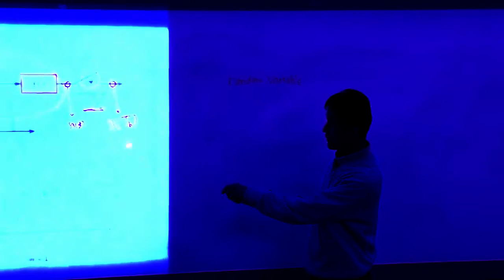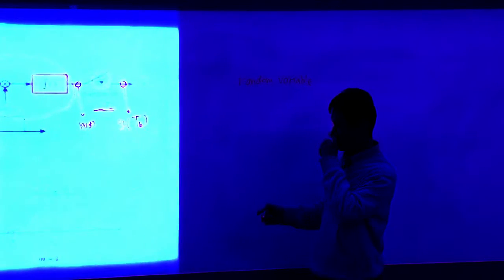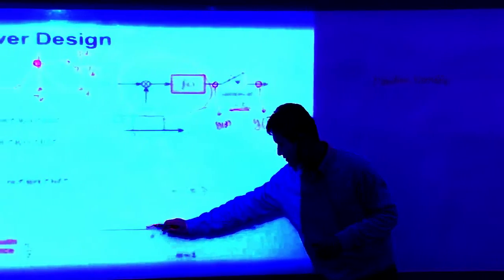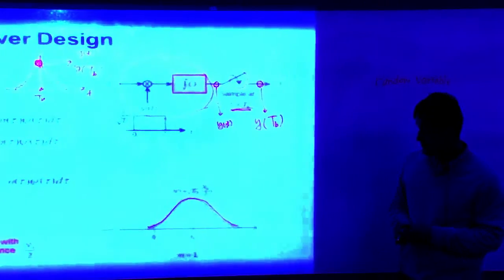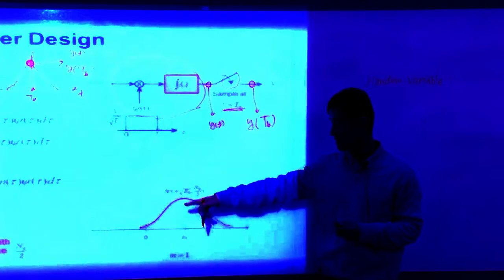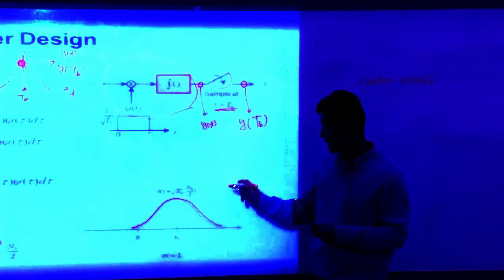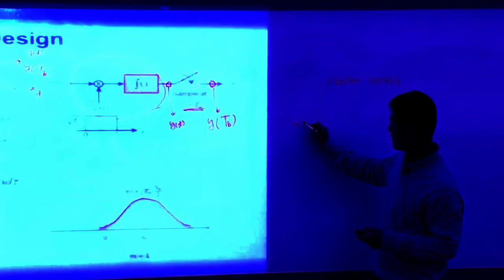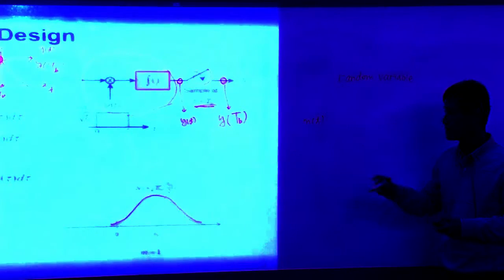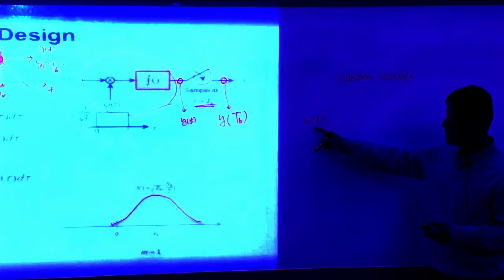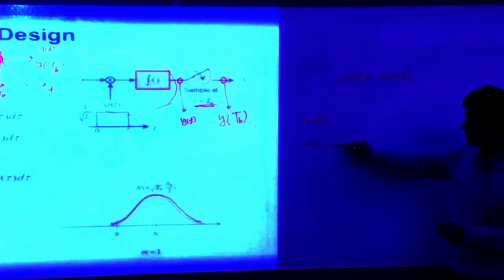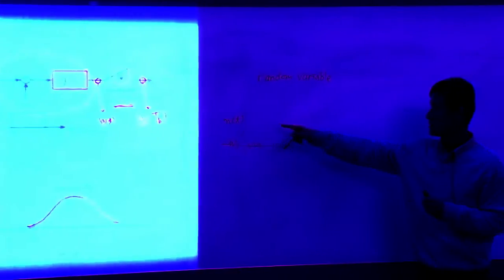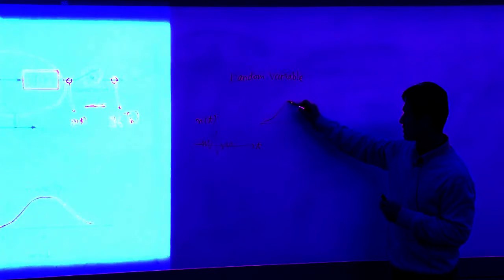And this particular random variable here is Gaussian distributed. So its PDF is Gaussian, like this. The difference from the noise is that our noise is n(t) in the time domain. This is the time domain view. But when you look at it from the statistics point of view, the amplitude will show Gaussian.